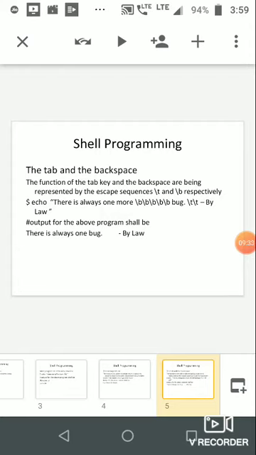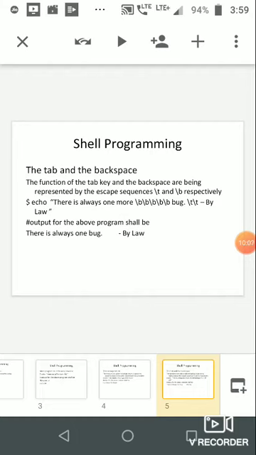So in the same way, for the tab function, the corresponding escape sequence or backslash character is \t, and for the backspace, in the same way, the escape sequence is \b.